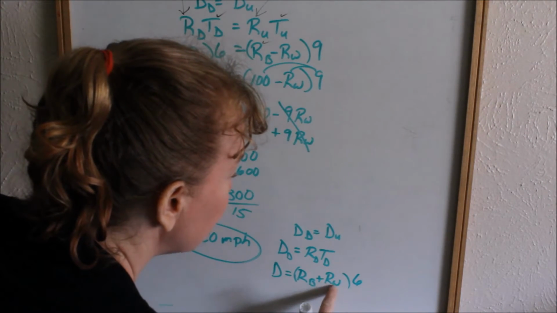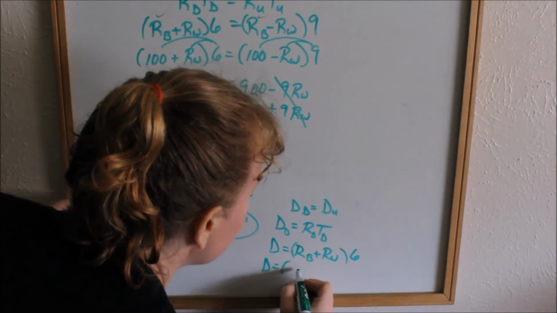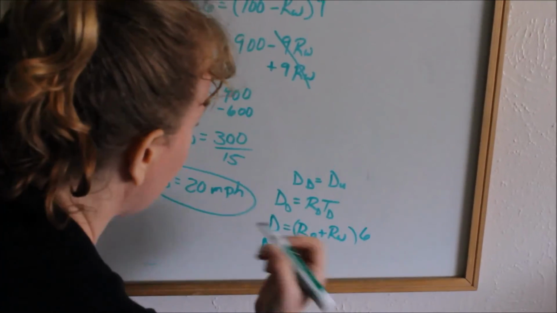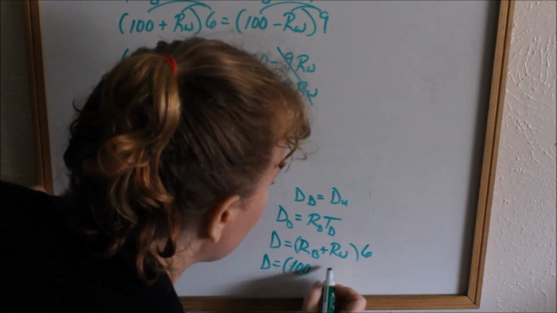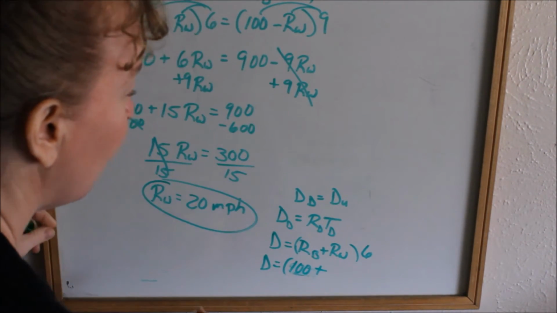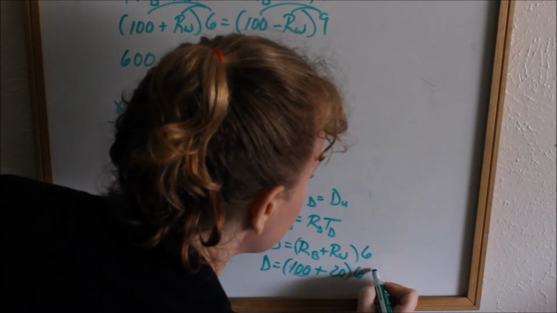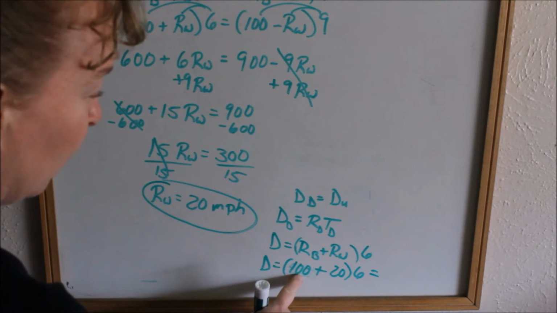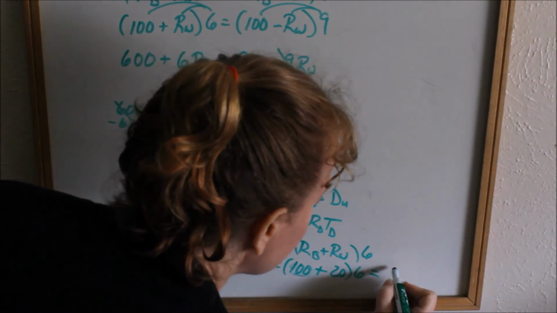I now know both of these pieces of information. Okay, so my distance is the boat, in this case the plane. Our plane was 100 miles an hour. And then our wind, we just solved that, was 20 times 6. So 100 plus 20, 120 times 6.